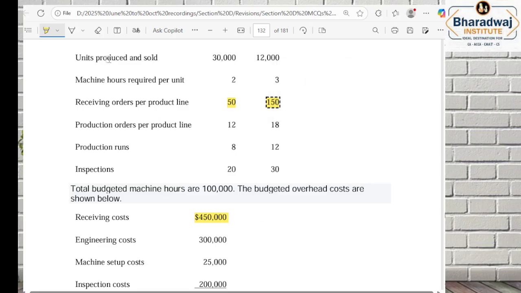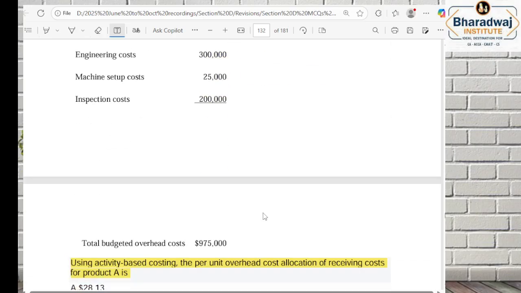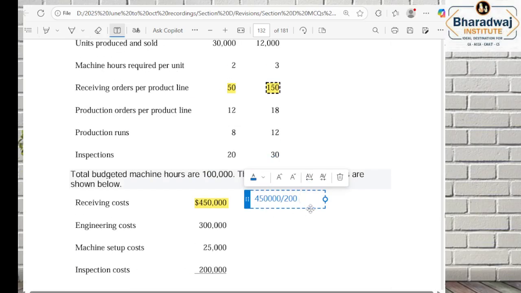How much do you get? 4,50,000 divided by 200 orders received. For which product they ask? The product A. 2,250. 1,12,500. 1 lakh 12,500.